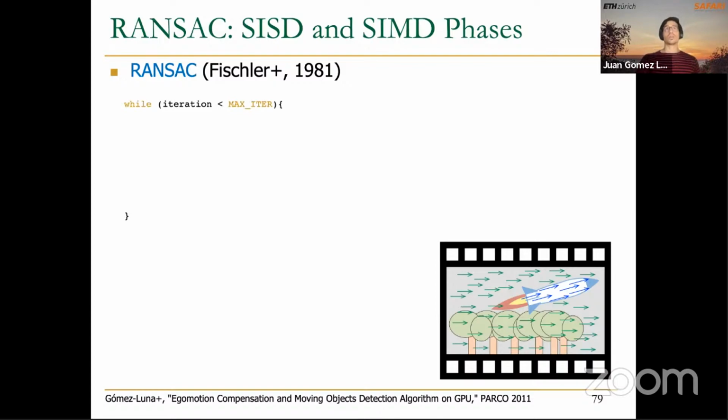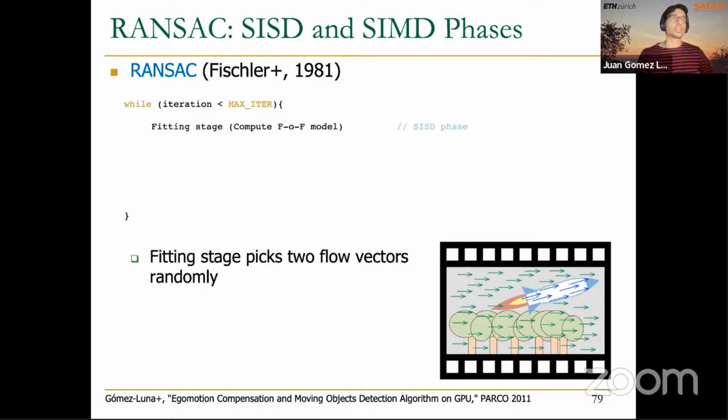So one interesting thing of the RANSAC algorithm is that it has SIMD phases that are parallelizable or massively parallelizable, while it has other phases that are sequential or inherently sequential, right? The first stage in each iteration of the RANSAC algorithm is the fitting stage, where we compute the flow model.